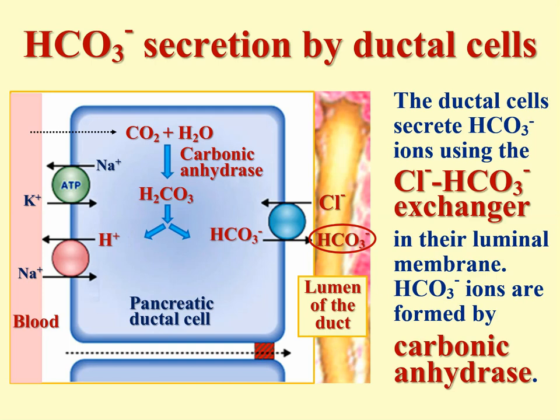Also, additional amounts of sodium can be attracted between cells due to charge. The negative charge of HCO3- attracts more sodium, and water goes due to osmotic reasons into the lumen of the duct. And thus we have HCO3- bicarbonate ions, sodium ions, and water that produce the fluid part of the pancreatic juice.